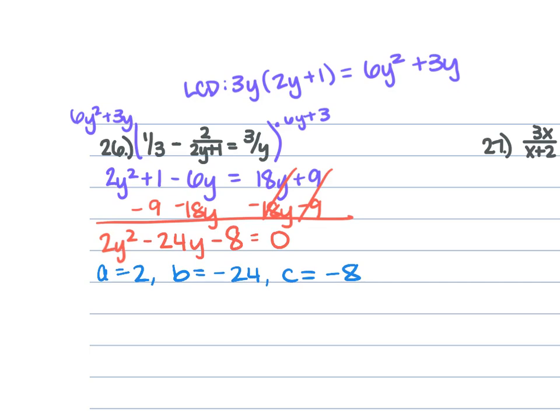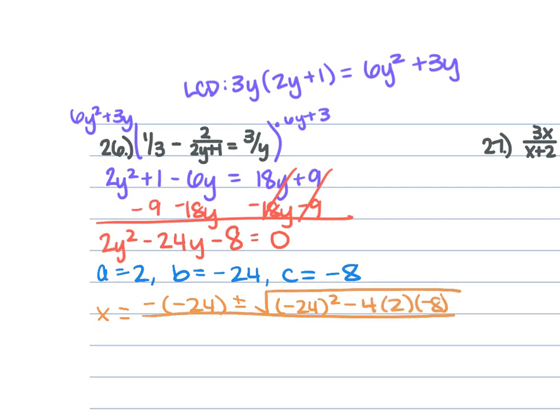So plugging this into our formula, we have x is equal to a negative times -24 plus or minus the square root of -24 squared minus 4 times 2 times -8 all over 2 times 2.